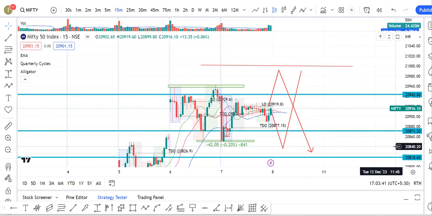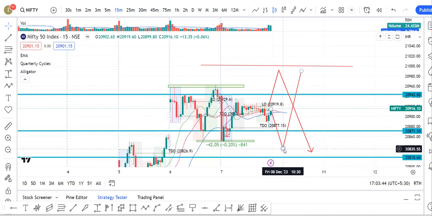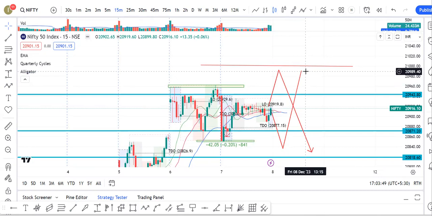If it traps the liquidity on the lower side in the initial hours, probably its intention is to go higher, slowly higher, and it may close around the top of this. Okay, friends, this is how you can trade your intraday wisely by noting down the levels, anticipating the levels and marking down your levels.